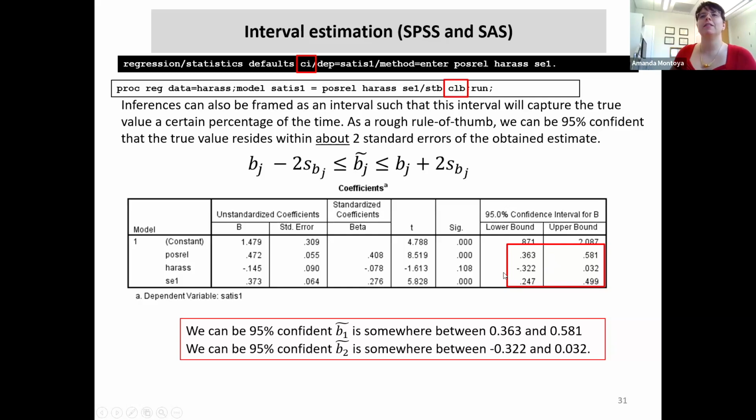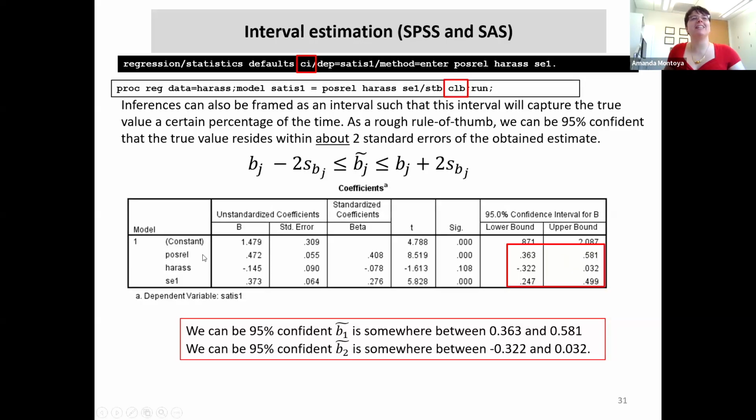And then typically, if this confidence interval includes 0, we fail to reject the null hypothesis. If it does not include 0, we reject the null hypothesis.